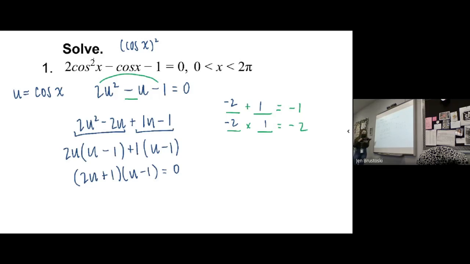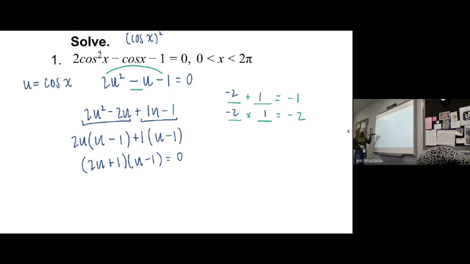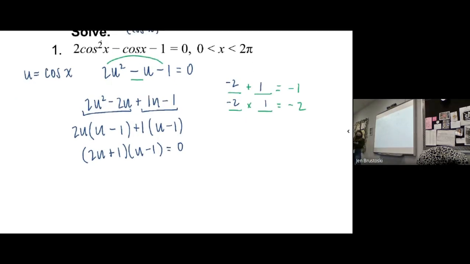All right, so now what I'm going to do is replace this cosine of x back in. So it's going to be 2 cosine x plus 1 equals 0, and cosine x minus 1 equals 0.